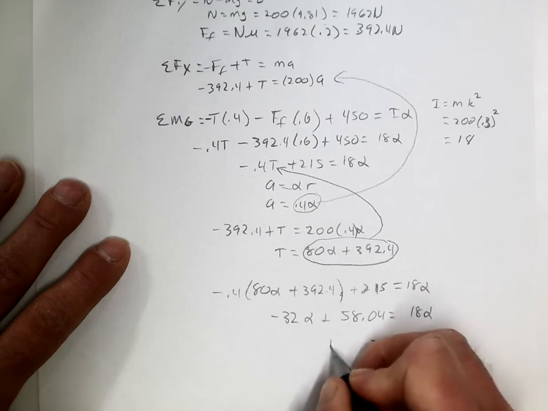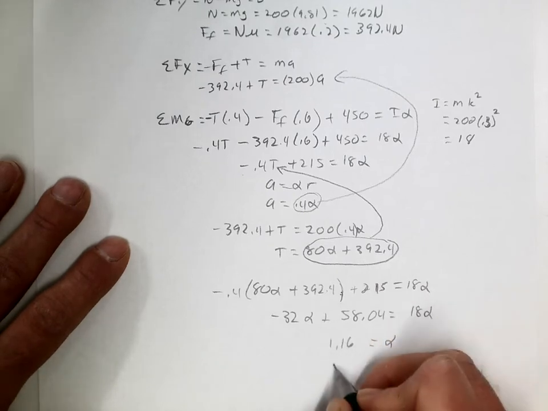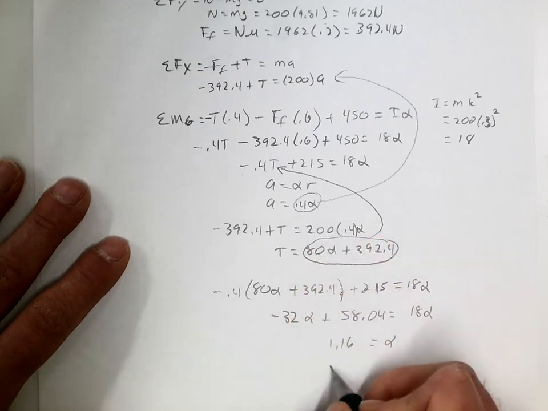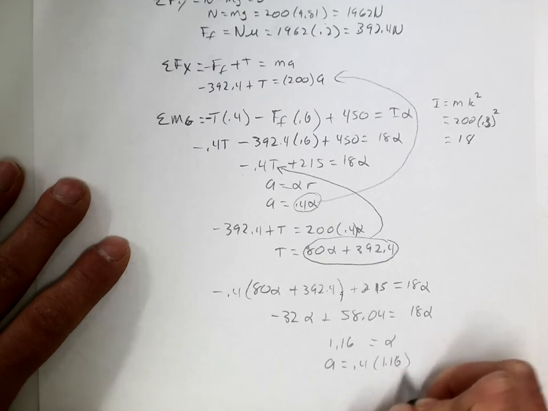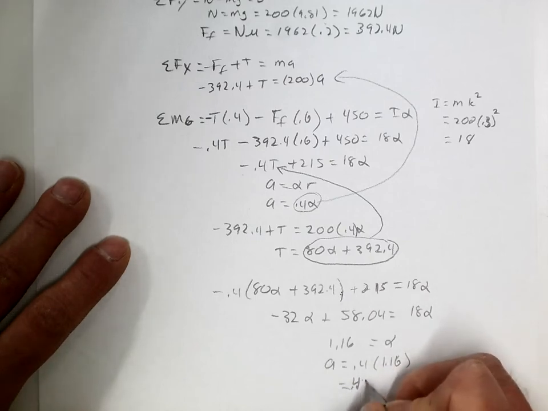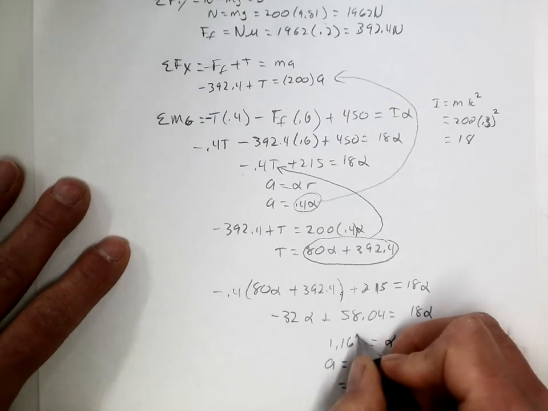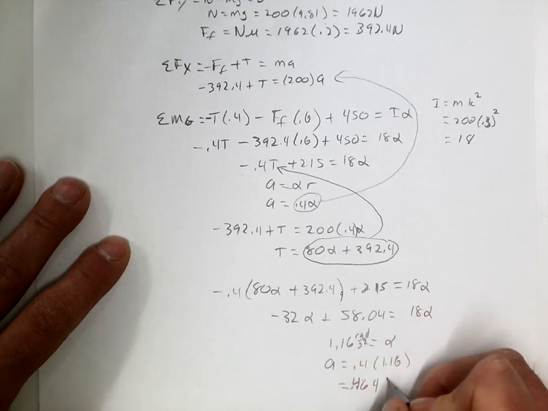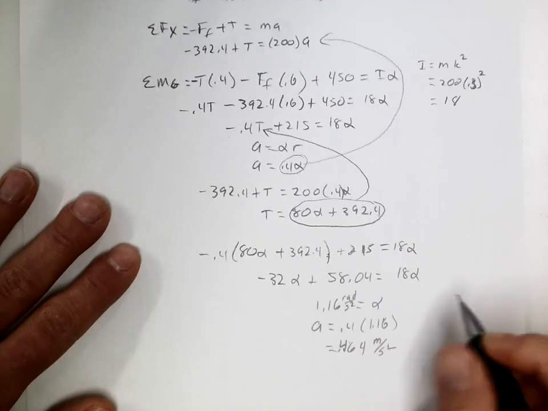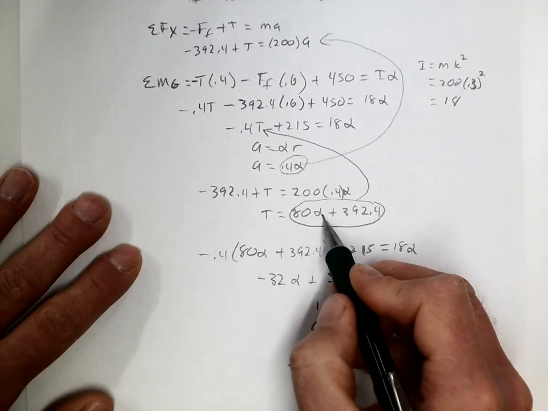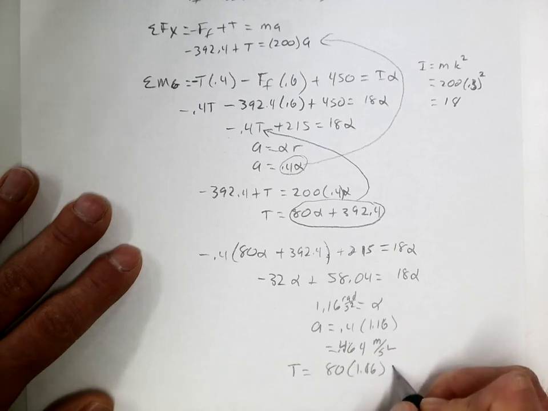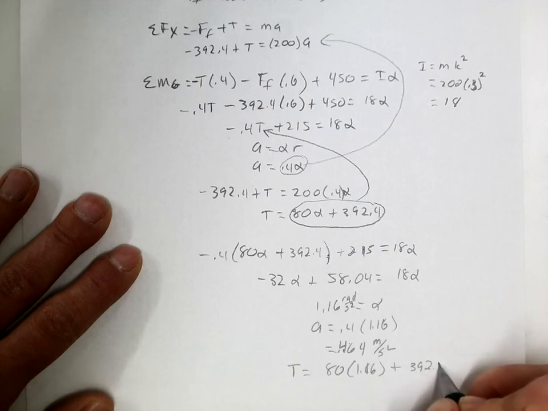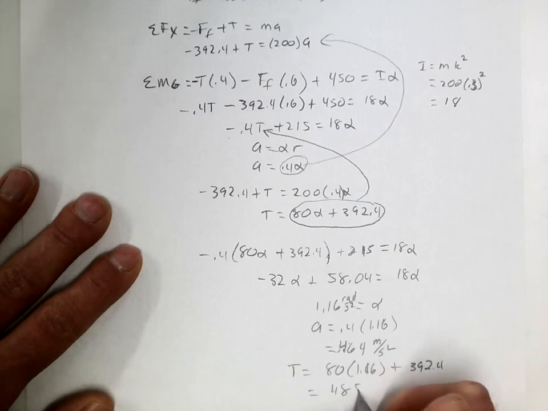Therefore, alpha equals 1.16 radians per second squared. And putting that into there, then a is equal to 0.4 times 1.16, or 0.464 meters per second squared. And T then is equal to, putting alpha there, 80 times 1.16 plus 392.4, and T equals 485 newtons.